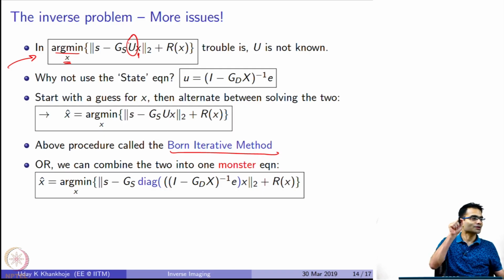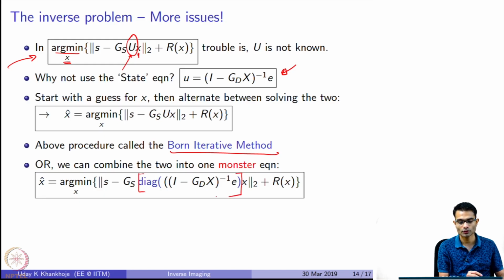We are substituting some value based on an initial estimate of x. But when I go to take the derivative, are we keeping u constant? If it's a number, then it's a constant. I cannot take the derivative with respect to x for u also. But actually u is a function of x, and that function is here. So if you are very strict, what you should do is take this u and substitute it into your original equation to get this one. This is your u, Gs u x.